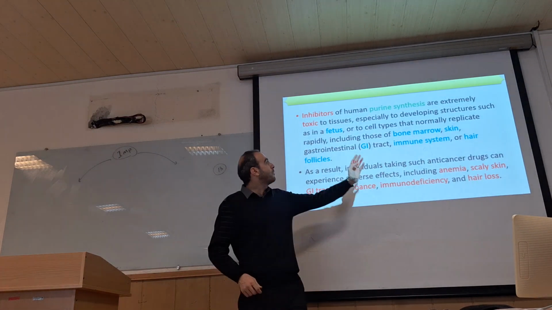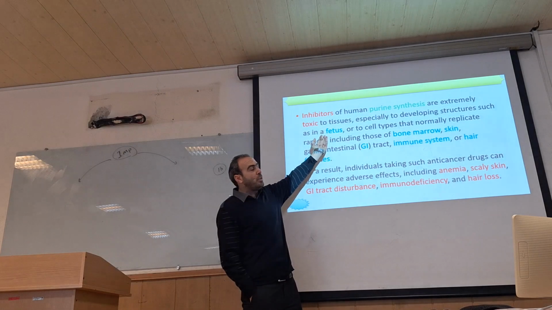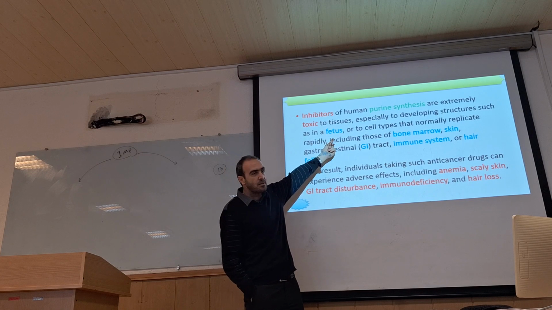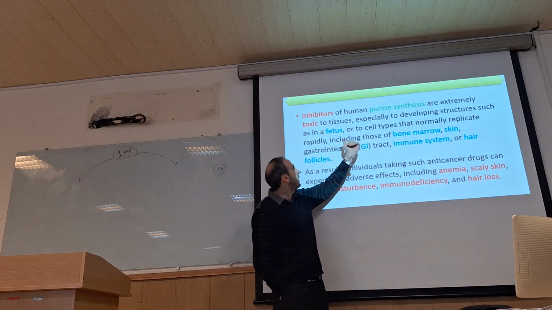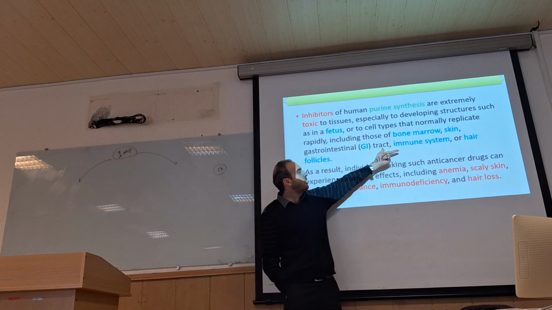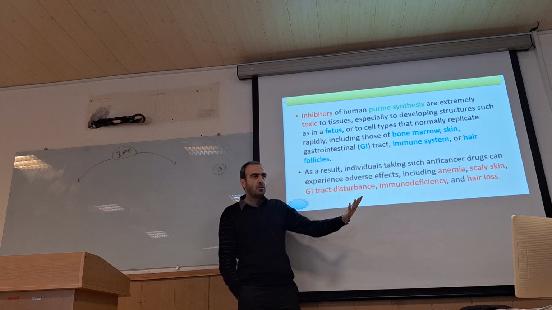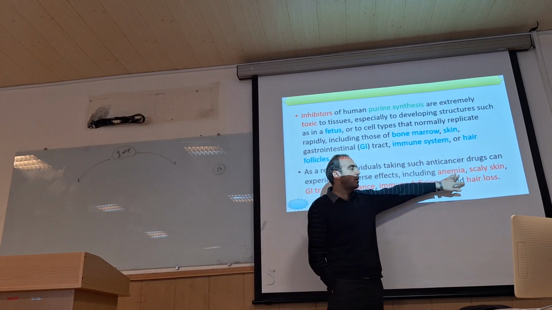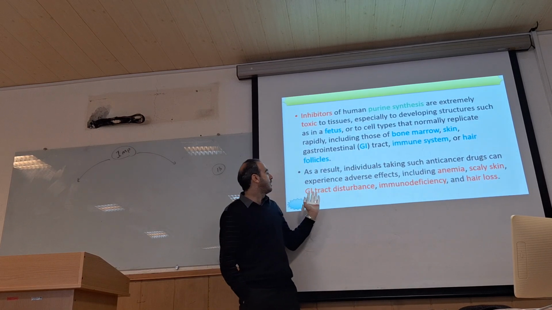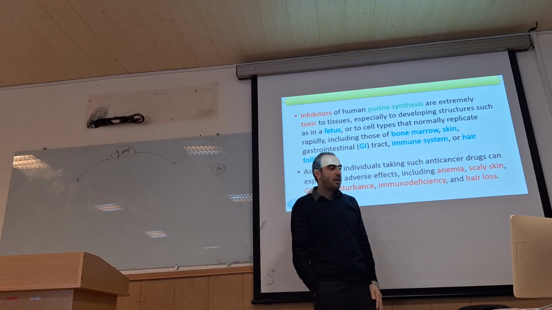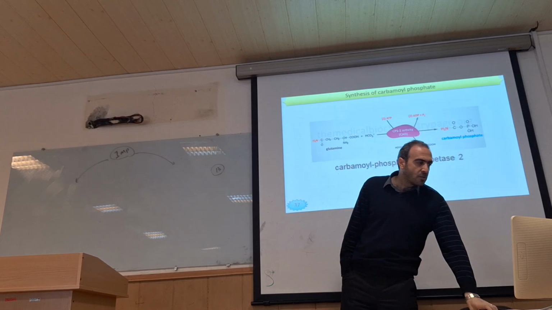If you look at that, when we use a drug or inhibitor of purine synthesis, we have complications in the fetus, bone marrow, skin, GI tract, immune system, and hair follicle. The complications include anemia, scaly skin, GI tract disturbance, immunodeficiency, and hair loss.